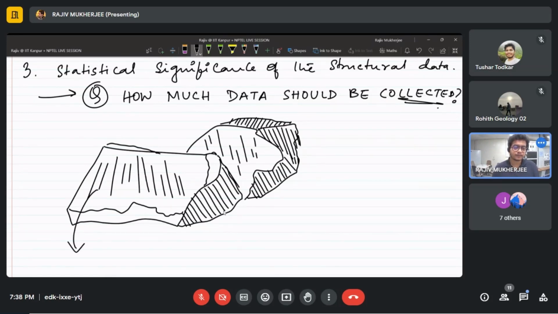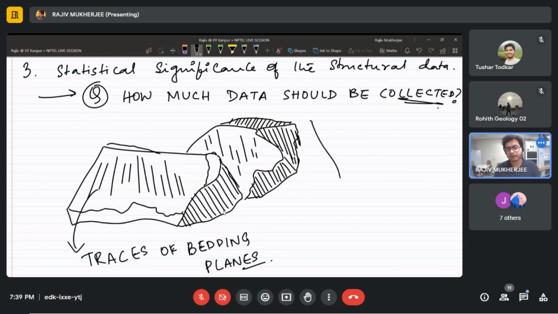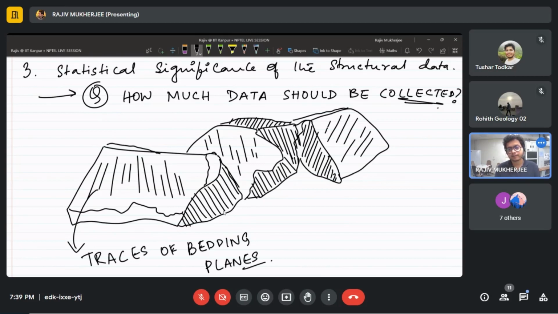So these are traces of bedding planes. So there is another rock surface like that, where the surface is exposed, and we see a different orientation of the bedding plane, right?